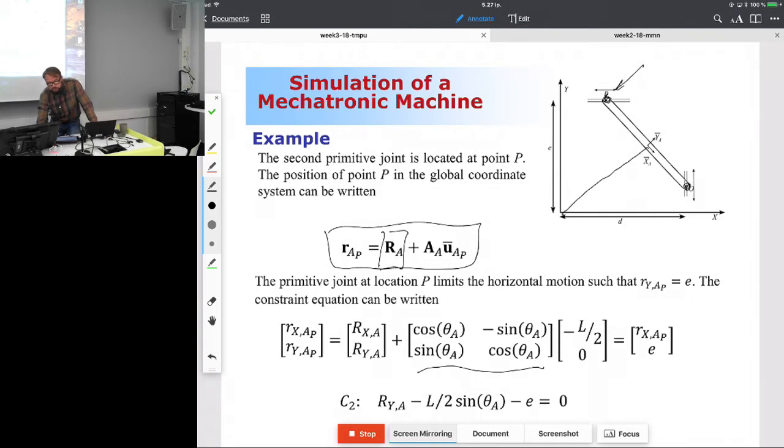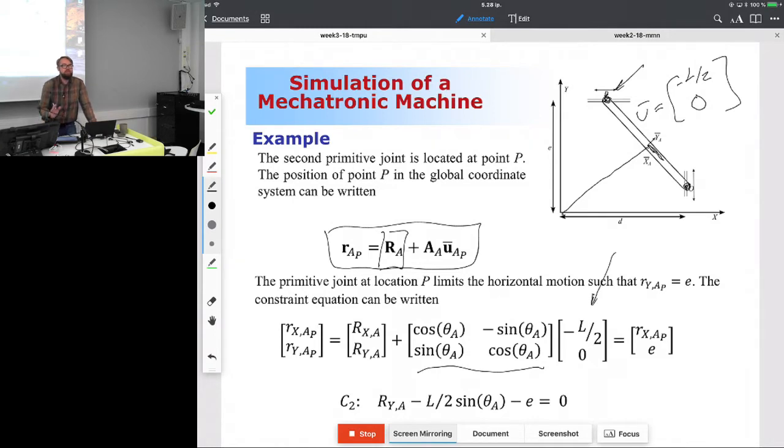How can I make that happen? I have to travel in the minus x direction. How much? L divided by 2. How much do I need to travel in the y direction? 0. So that's my vector u bar.